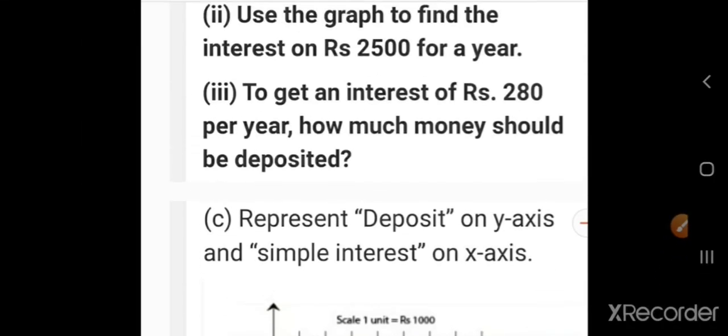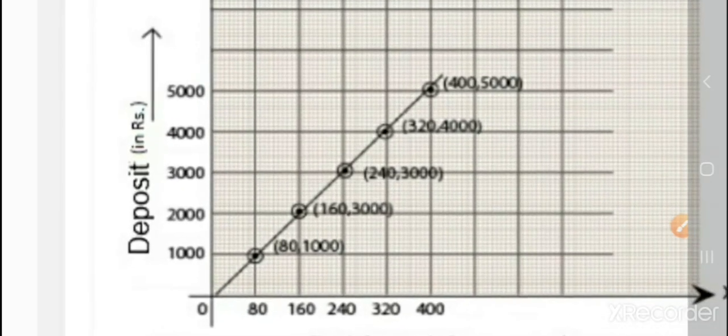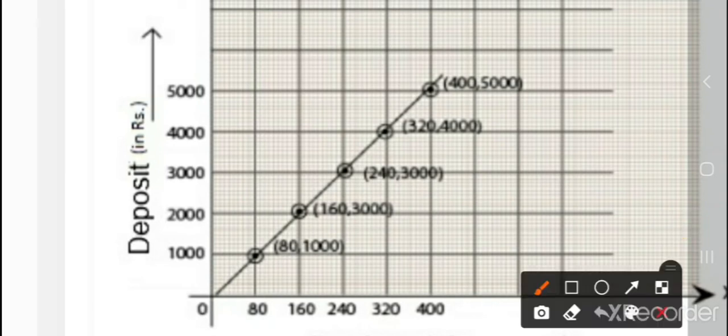Here, use the graph to find the interest on rupees 2500 for a year. What is the interest for 2500? Let us see. 2500 means it will be here.